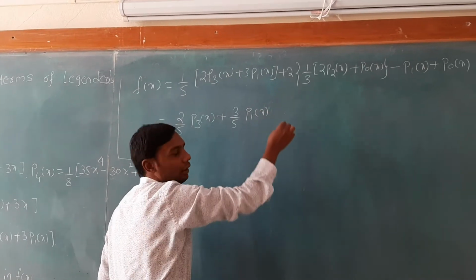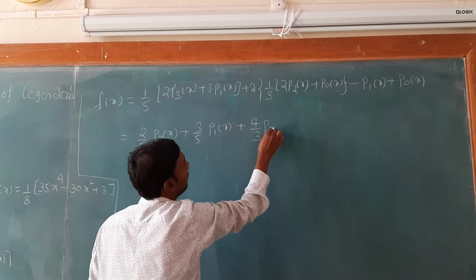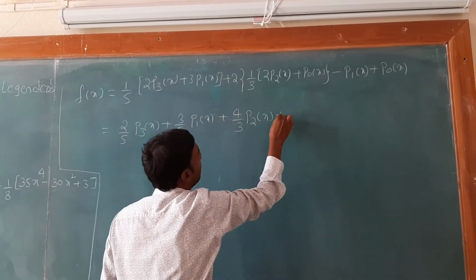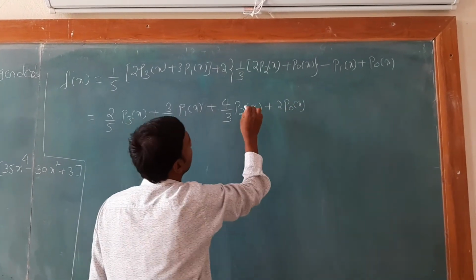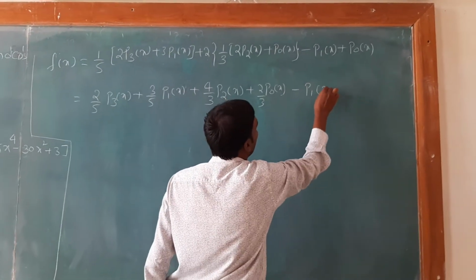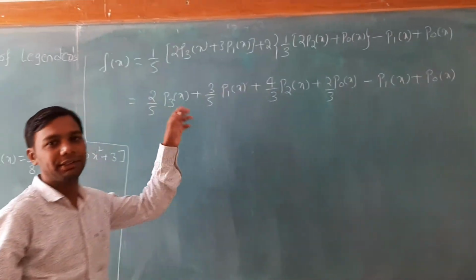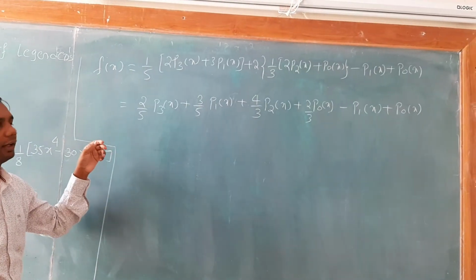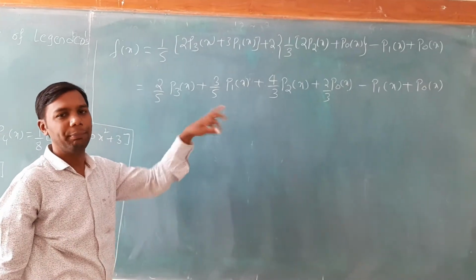Then multiply 2 by 3 into this, that is 4 by 3 into P2 of x plus 2 by 3 into P naught of x, minus P1 of x plus P naught of x. This is the simplification. Next, we club the P3 term, P2 term, P1 term and P0 term, and write them in descending order, in terms of P3, P2, P1, P0. That is the answer.